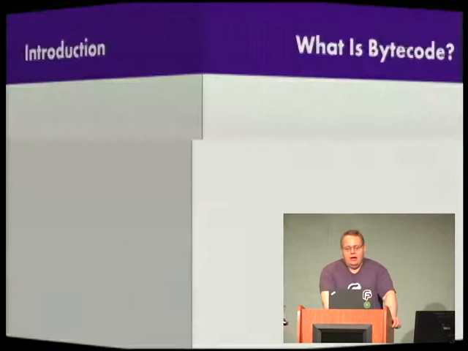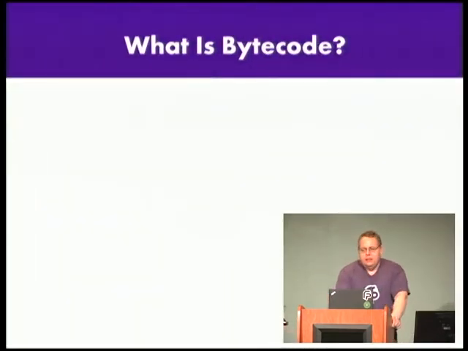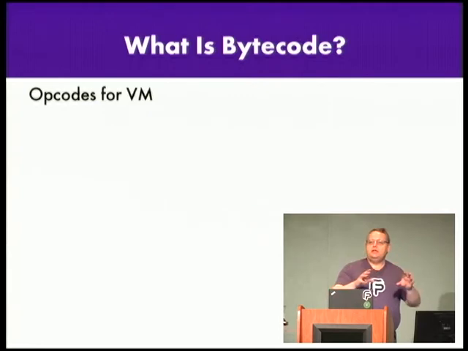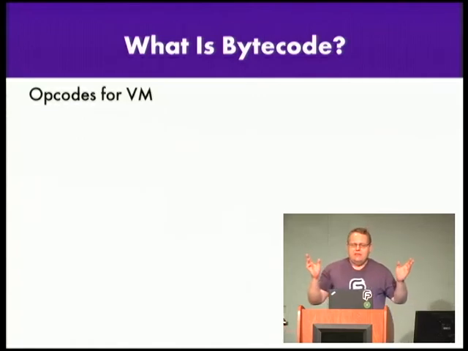Now, what is bytecode? The best way to describe this is that bytecode is a series of instructions for a virtual machine. The Intel x86 has its own assembly language. Bytecode is the assembly language of Python's virtual machine, or of a virtual machine. And let me explain what a virtual machine is, because we're going to spend a lot of time there. I wind up saying this in every talk I give.